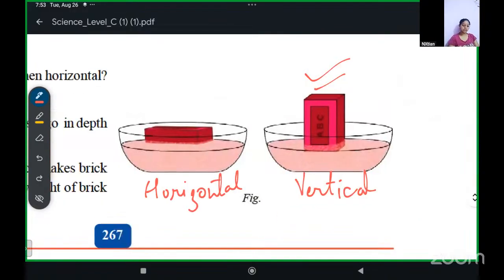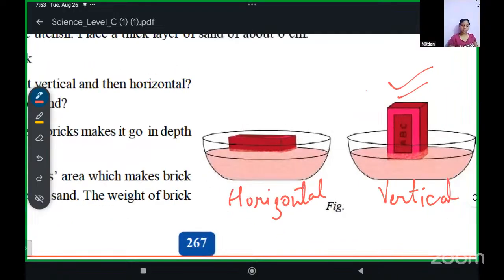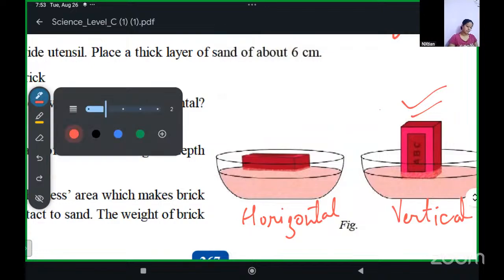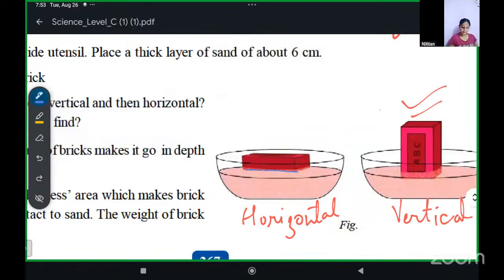But in the first condition, the surface area of the brick, this portion, is more, so the pressure will be less. First situation: surface area is more, pressure will be less.